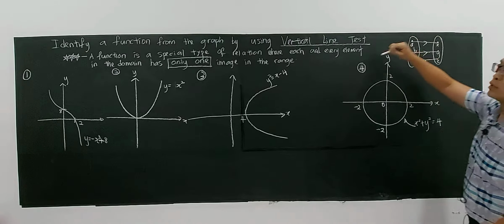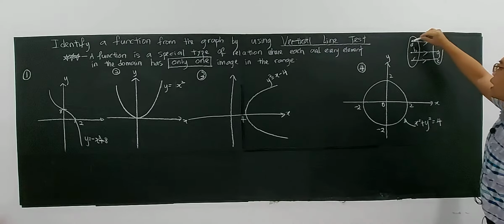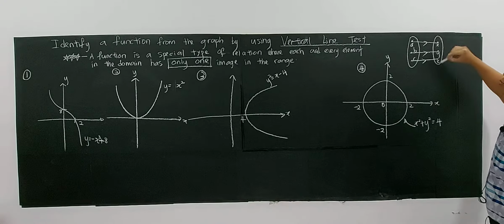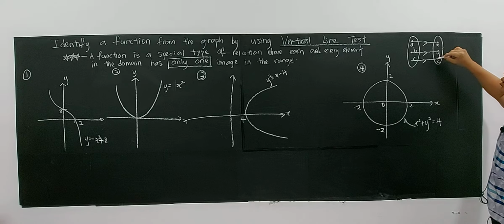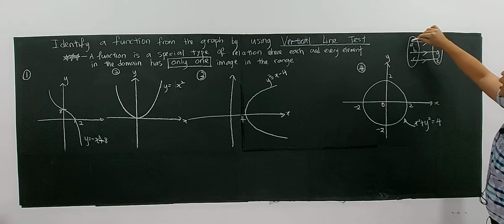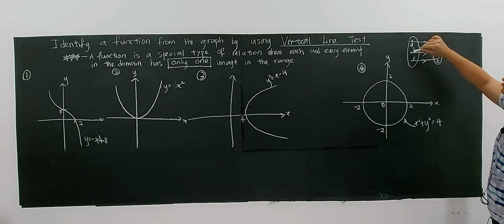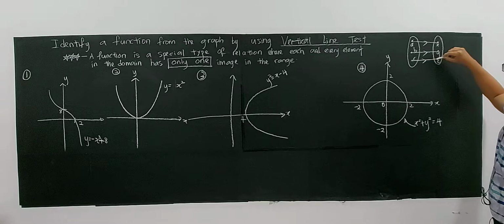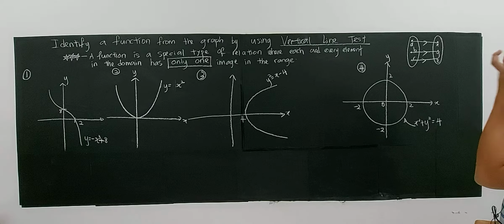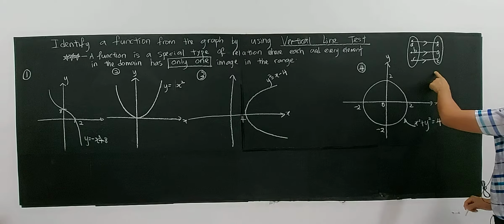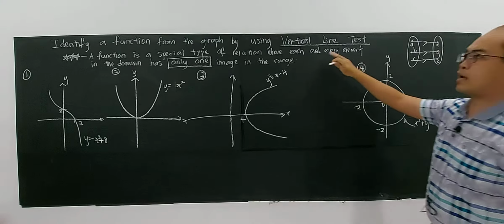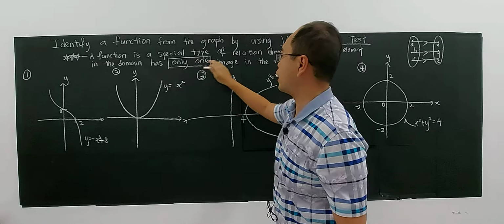Why? Because every element is mapped into the codomain, and this is your range. Each object has one image. So this is a one-to-one function because every element has only one image.